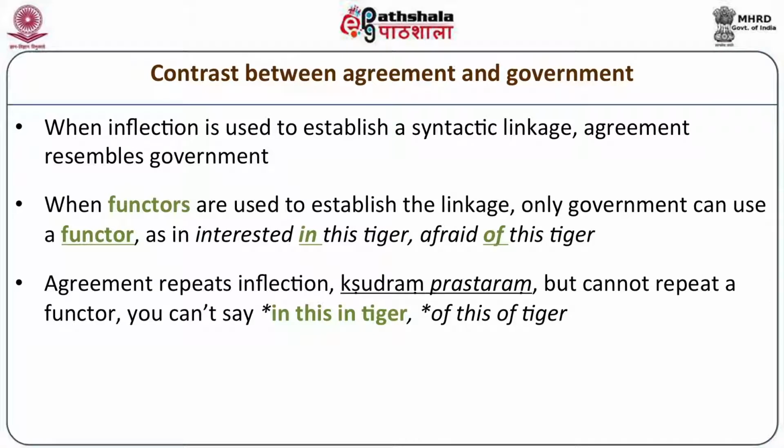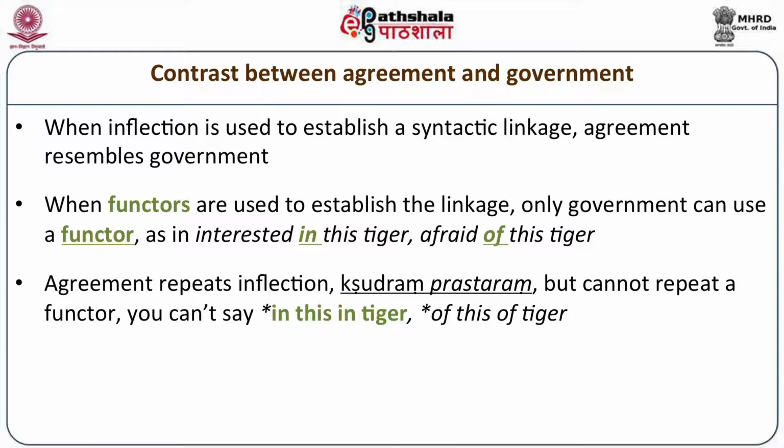One important formal difference between agreement and government to which we want to draw your attention concerns the syntax. A Sanskrit verb governs the case of its object. In English, you never have a verb governing a genitive object. No, you don't have that. But English verbs often tell the dependent what functor to take.